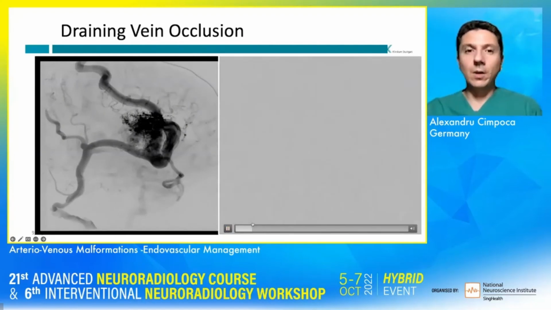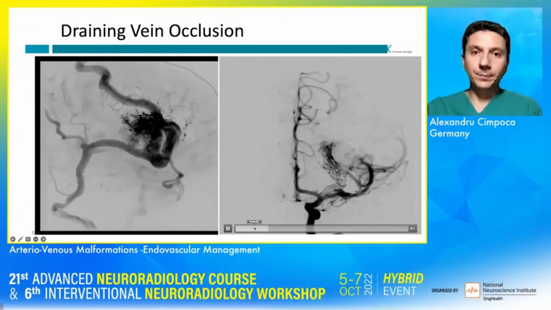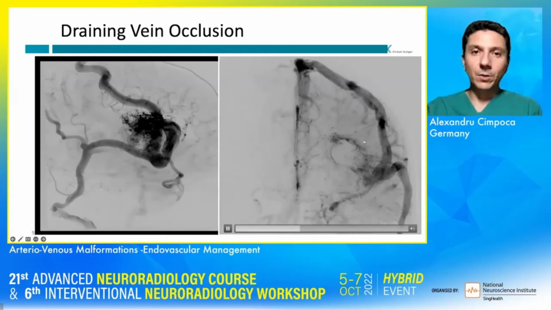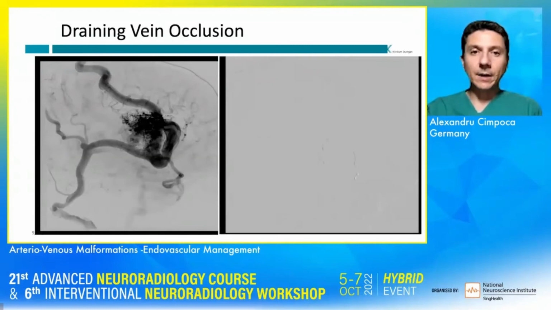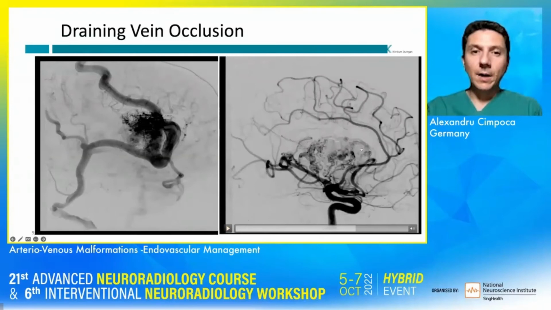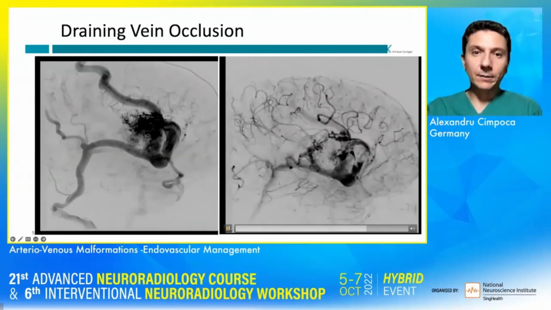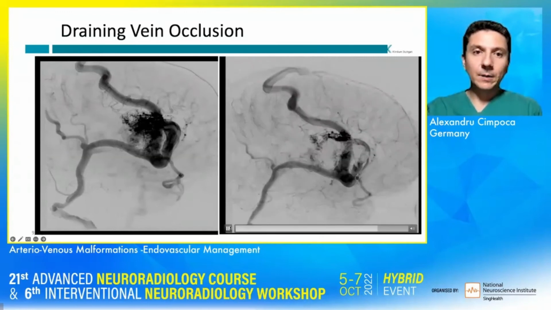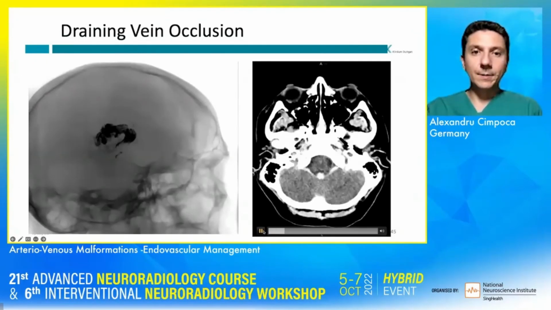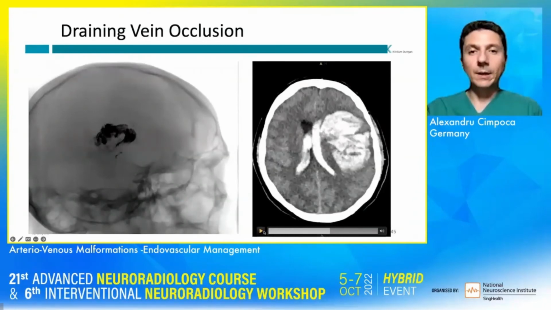That's an angiogram after embolization. You can see the vein was partially occluded, but we didn't reach the desired occlusion of the arterial feeders. That resulted in a high pressure on the draining vein, which led to this massive bleeding.